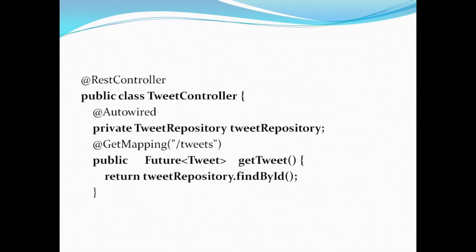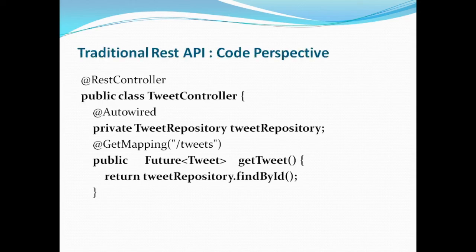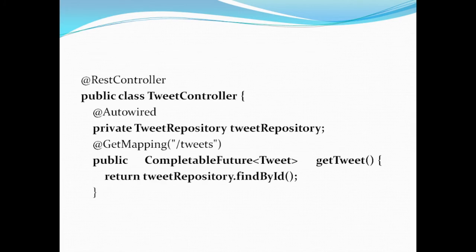If we look into the code snippet, we can see the RESTful endpoint method which is going to return a value can be replaced with a future type, but it still leads the application into blocking mode. It can be done with CompletableFuture as well, but we have discussed the problem with Future and CompletableFuture.